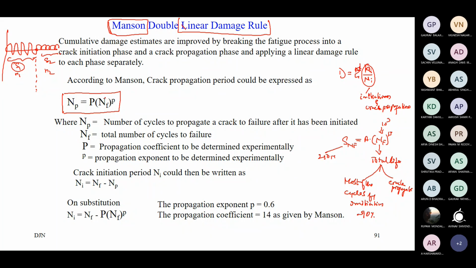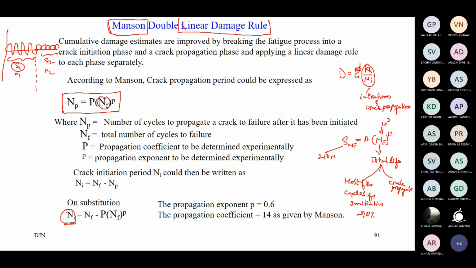Okay. So this distinction can be obtained by using this particular equation. If you know the total life, the number of cycles to failure, then you can find out how many cycles went for crack propagation. Then NF minus NP will give you the initiation cycles.